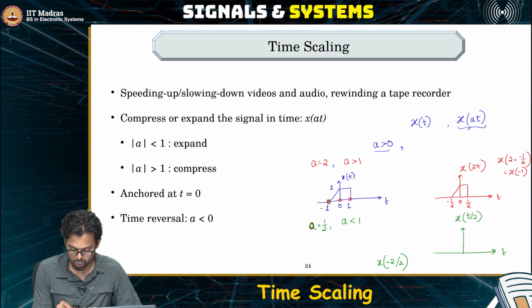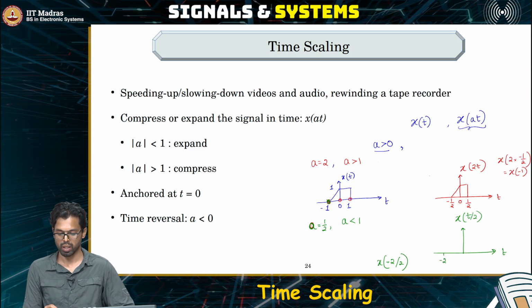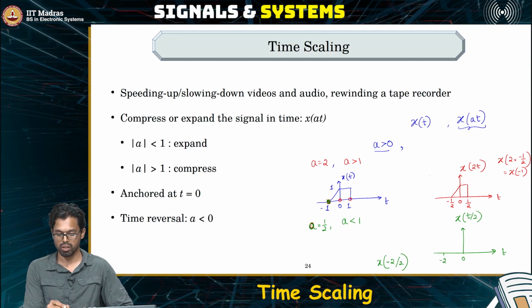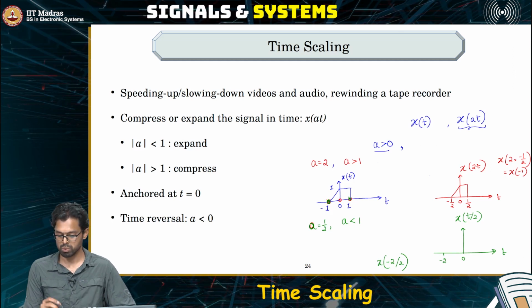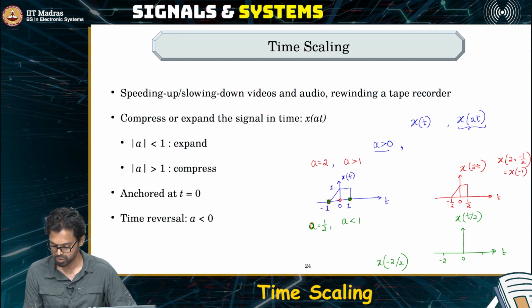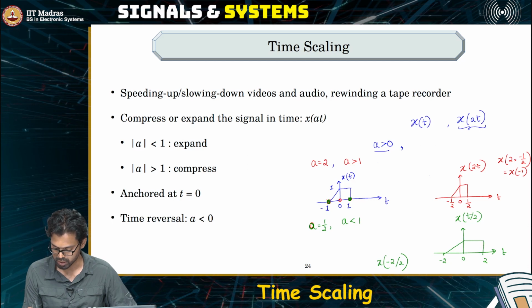So the minus 1 point now moves to minus 2 and 0 still remains the same. And when t is equal to 2, 2 divided by 2 is 1, so this point moves to 2. So we have a signal which looks like this, it gets expanded.